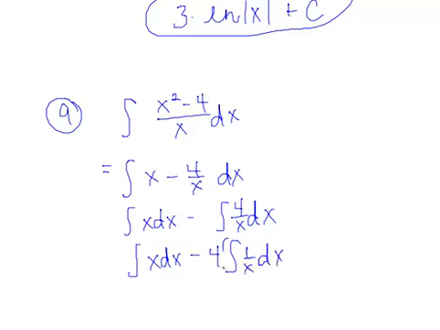And this is what should pop out at us. Right here, this is a typical old-fashioned x to the first, so I'm going to add 1 to my exponent and divide. So I have 1/2 x squared minus 4 times the natural log of the absolute value of x plus c, because it is going to be indefinite.